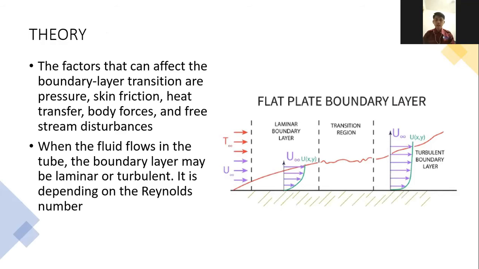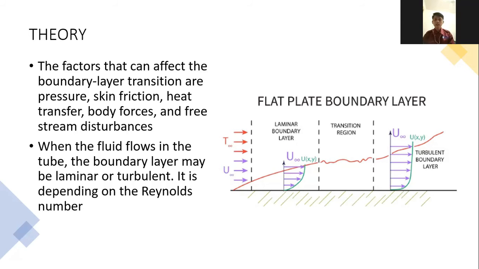The factors that can affect the boundary layer transition are pressure, skin friction, heat transfer, body force, and free stream disturbance. When the fluid flows in tubes, the boundary layer may be laminar or turbulent, depending on the Reynolds number.